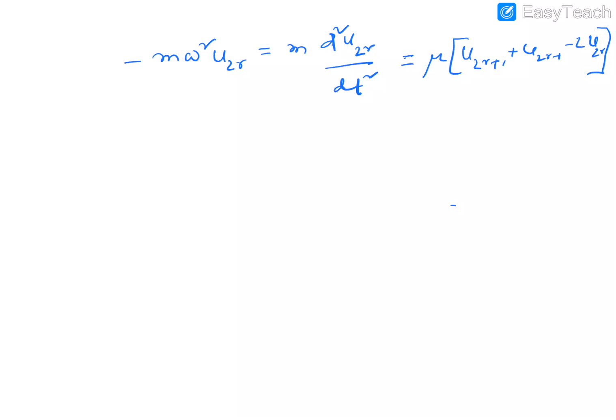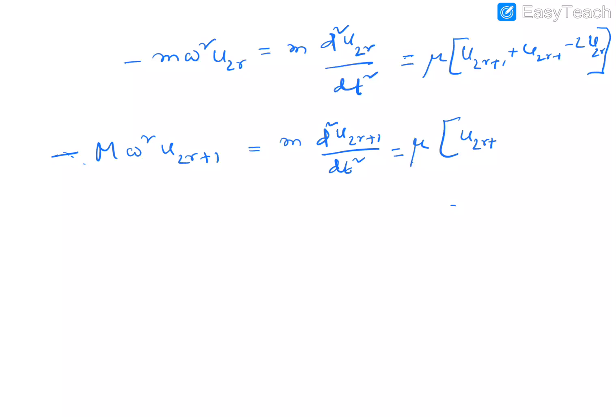So this is for one atom, and the other atom with larger mass will be capital M omega square u2r plus 1 equal to M d²u2r plus 1 by dt², equal to mu times (u2r+2 + u2r - 2u2r+1). Okay, so I hope you remember that.